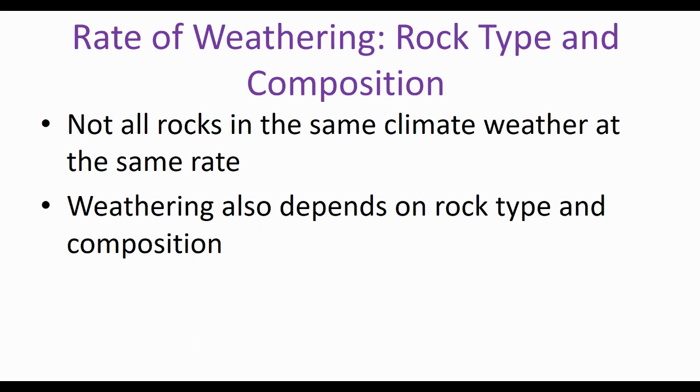Okay, so not all the rocks in the same climate weather at the same rate. This is because rocks are made up of different things. So weathering is going to depend on the type of rock and the composition of that rock. I've mentioned this before, but I'll mention it again as an example.